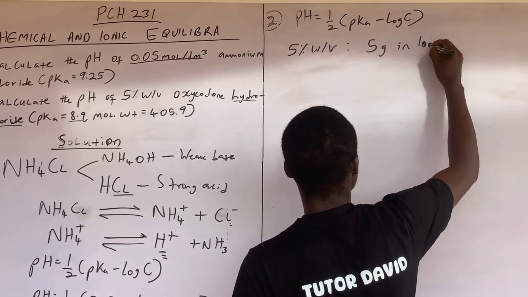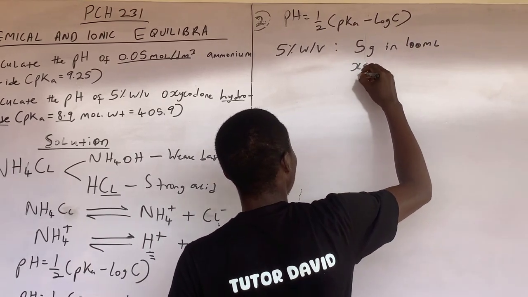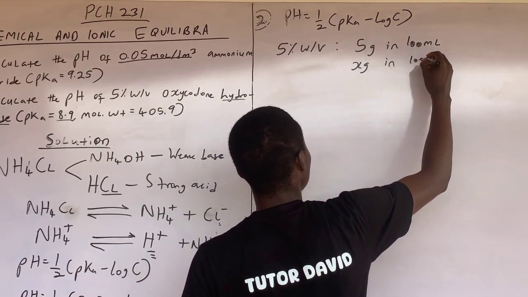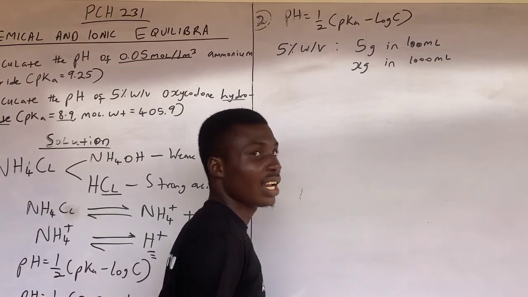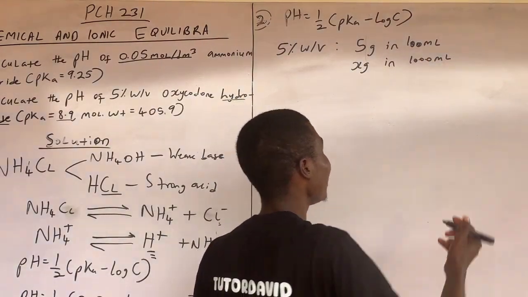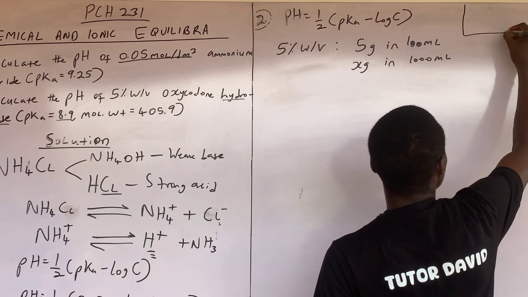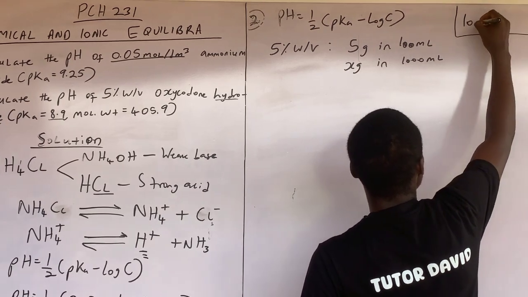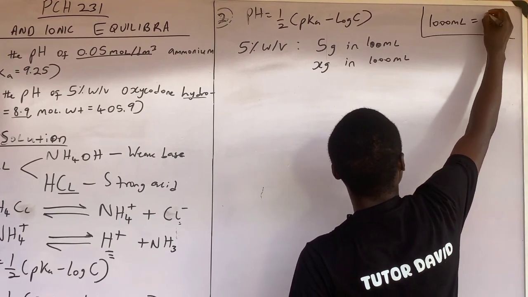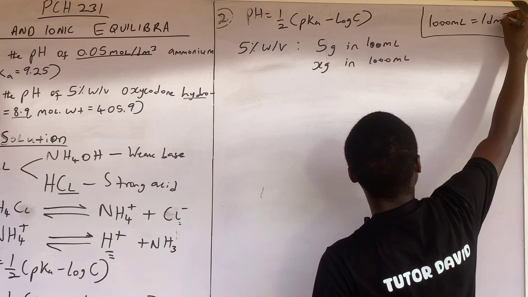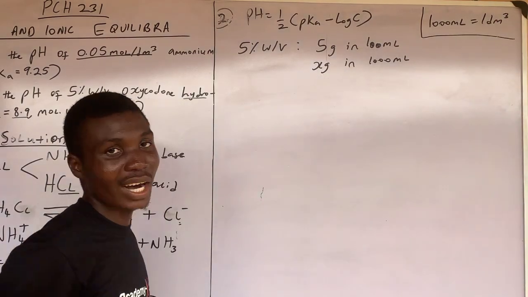If 5 gram is in 100 mL, x gram will be in 1000 mL. Why 1000 mL? Because we already know that 1000 mL is equal to 1 dm cube. So what I'm simply saying is x gram in 1 dm cube.